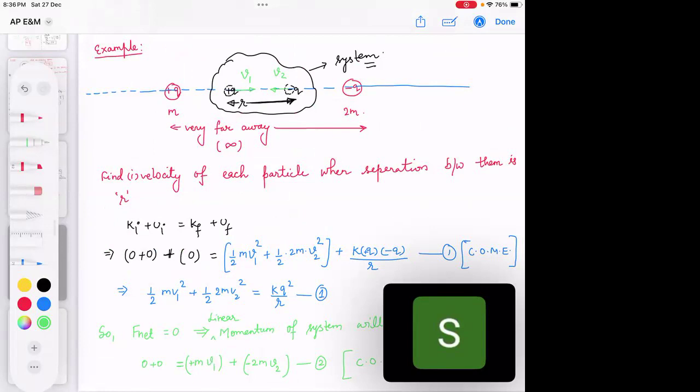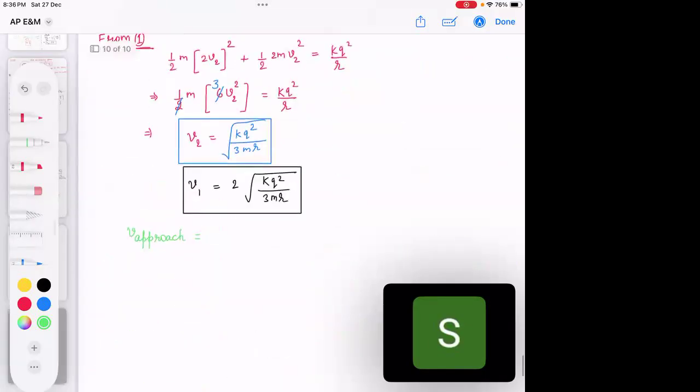Velocity of approach means what? With what velocity they are coming towards each other. Understand the question? With what velocity they are coming towards each other. So velocity of approach is nothing but their relative velocity. Understood? Velocity of approach has another name.